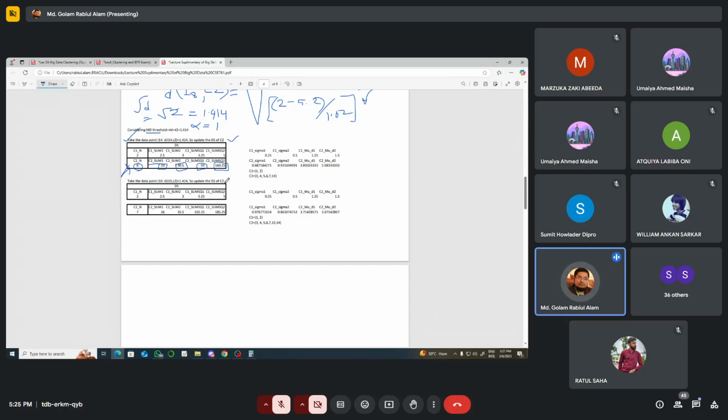Okay, so that means we have to update the statistics of C2. If we update the statistics of C2, what will happen? At the same time, the sigma of C2 will be updated. Sigma of dimension 1, that is the standard deviation of the first dimension of cluster 2, the standard deviation of the second dimension of cluster 2, and then the mean of the first dimension of cluster 2 and the mean of the second dimension of cluster 2 will be updated.